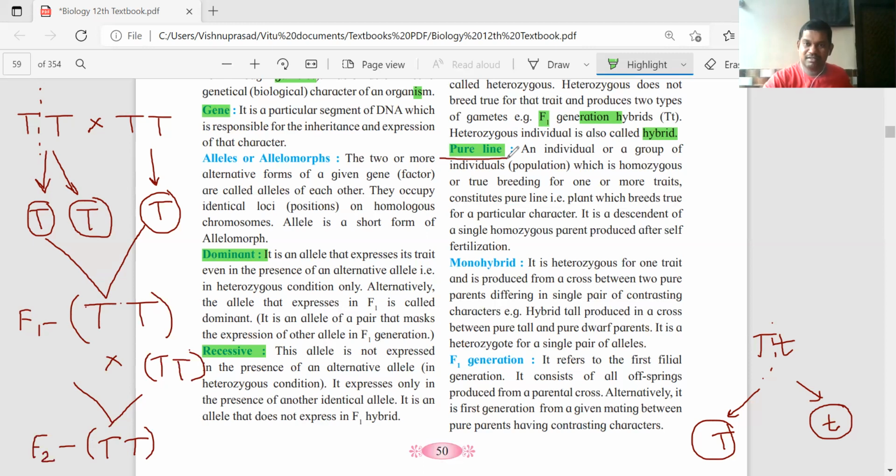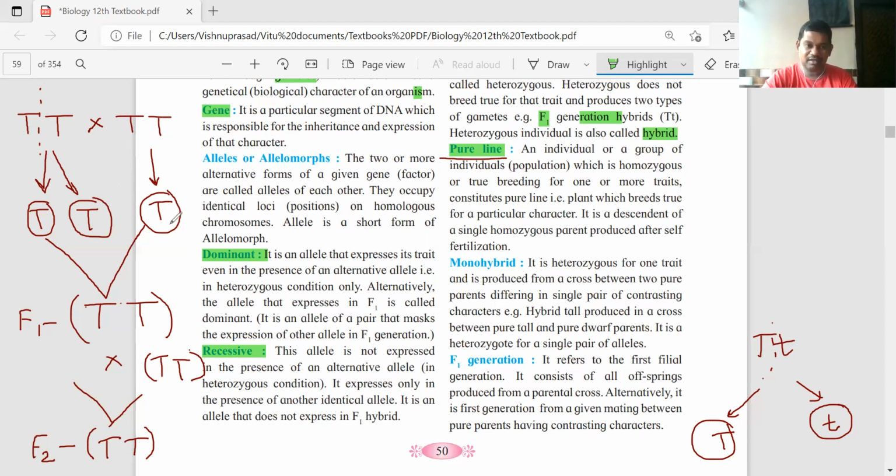It is a group of individuals which is homozygous or true breeding for one or more traits. Here I gave the example of the dominant trait, tallness. The same can happen for dwarfness. Getting it? Self-fertilization can just continue, which is called a pure line.